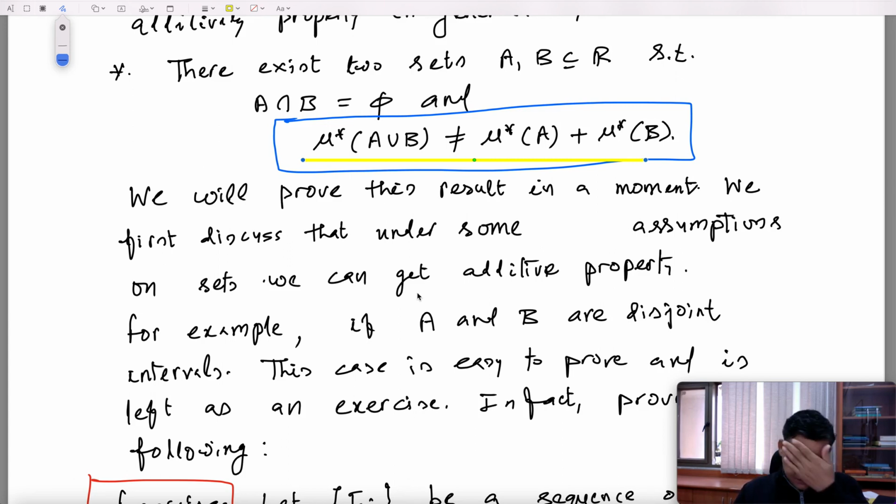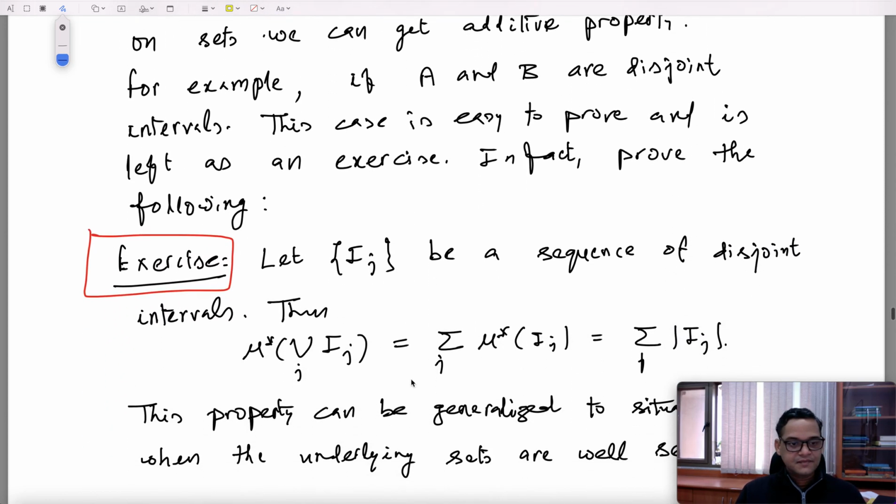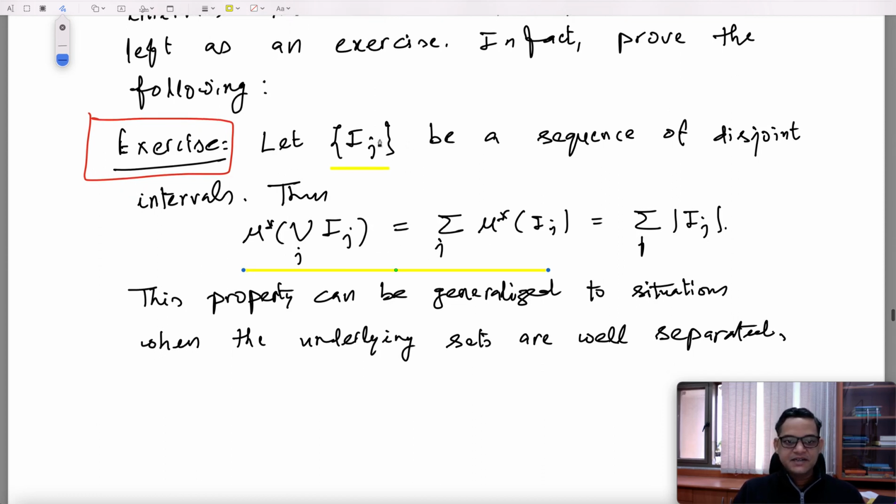You remember that I had given an exercise, and I will reiterate it. It says that if you have disjoint intervals, and here being intervals is important, then you have this additivity. In fact this is countably additive, since there are countably many sets we are taking. But having these intervals here is crucial.